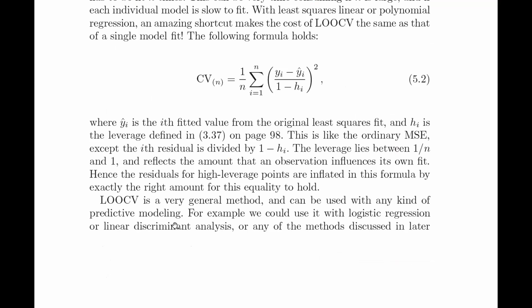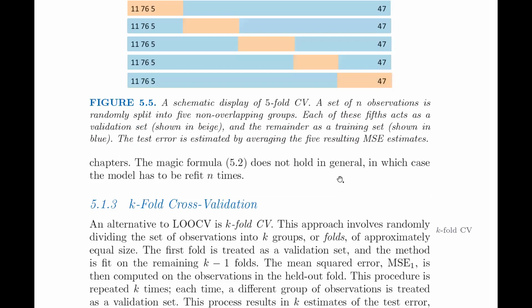The leave one out approach is a very general method and can be used with any kind of predictive modeling. For example, we could use it with logistic regression or linear discriminant analysis or any of the methods discussed in later chapters. Now, the magic formula 5.2 does not hold in general, in which case the model needs to be refit n times.